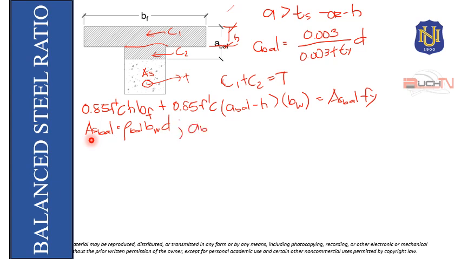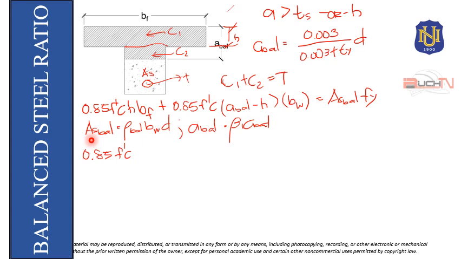So, A balance is equal to beta 1 C balance. So, that will just be 0.85 f'c.